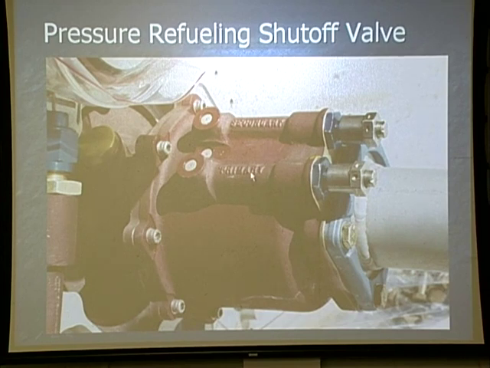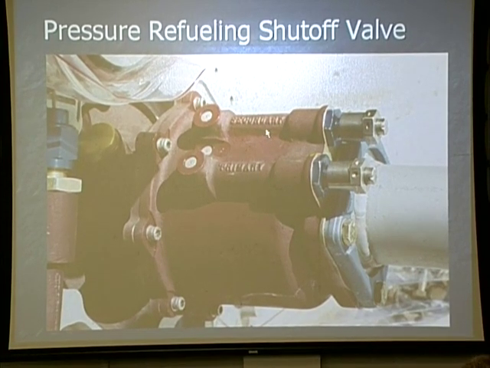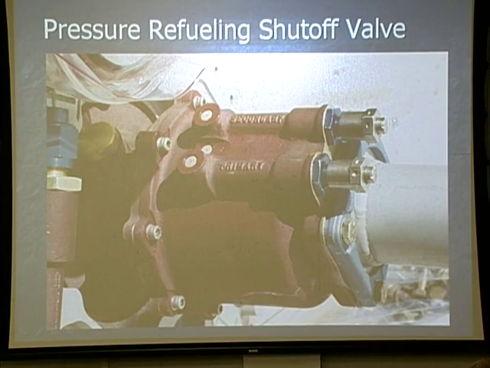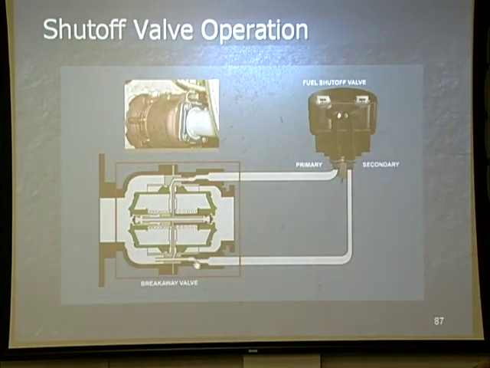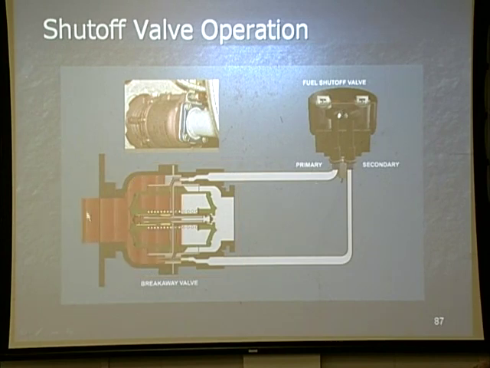Okay, this is the fuel shutoff valve, and you can see you got the primary and secondary. This is where that back pressure is going to come back into. And what you actually have is two doors in here. And so this is what's going to happen, okay? Fuel's going to come in here.